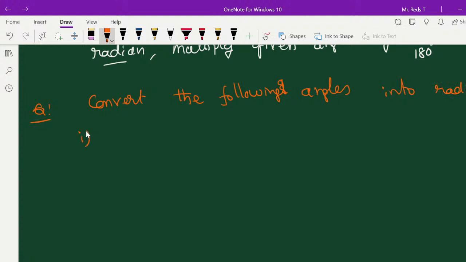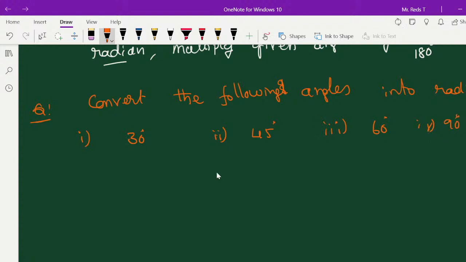First one 30 degrees. Second one 45 degrees. Third one 60 degrees. Fourth one 90 degrees.